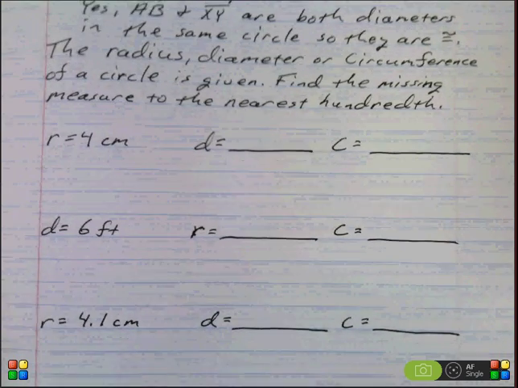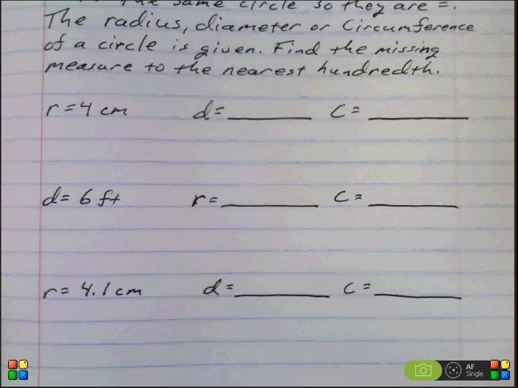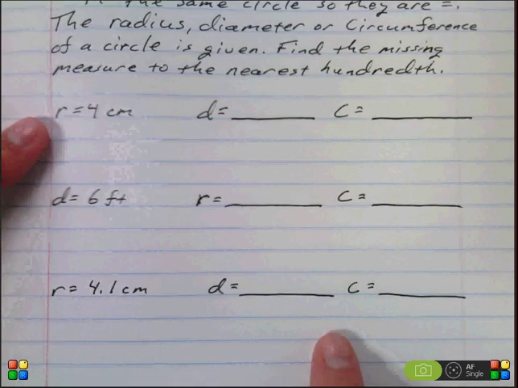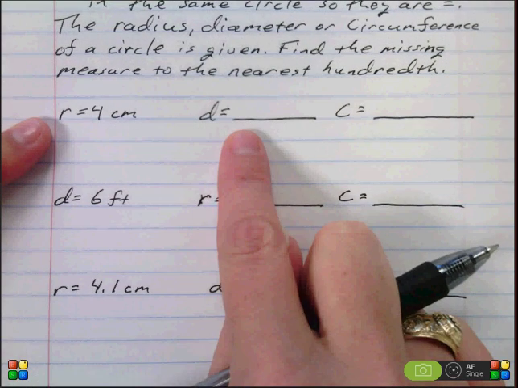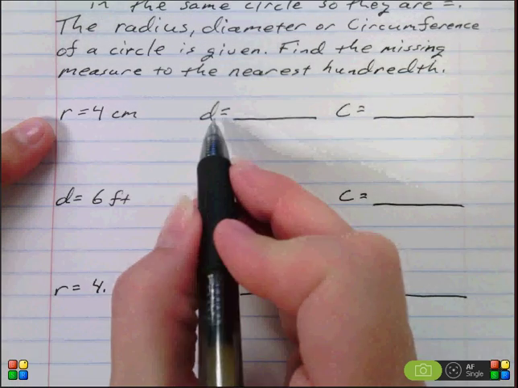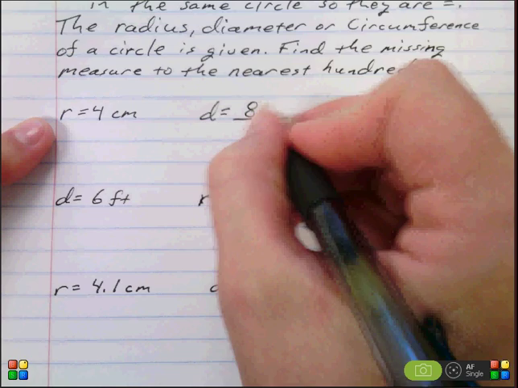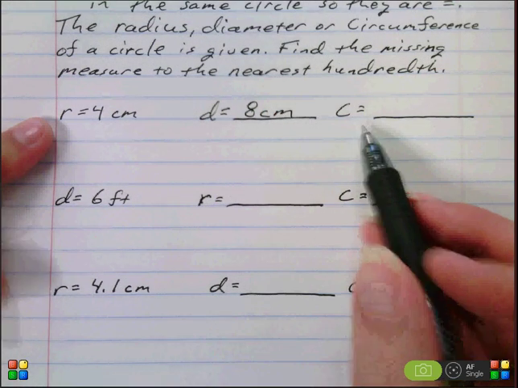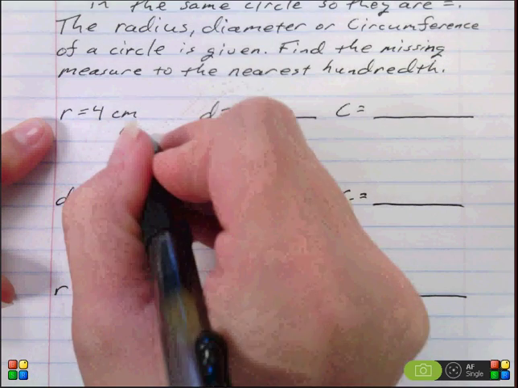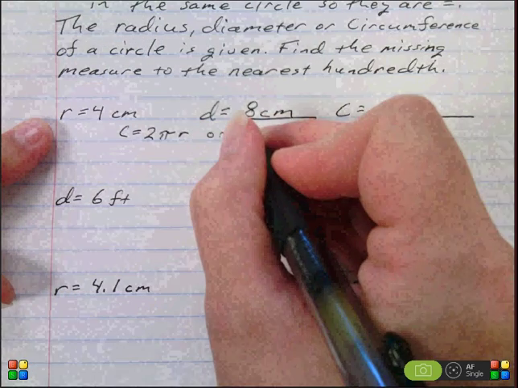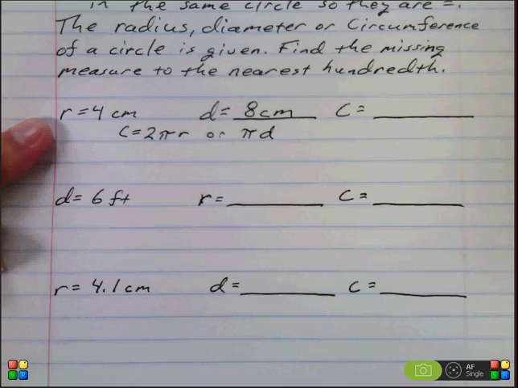Okay, so now we have the radius, diameter, or circumference of a circle given. You're going to find the missing measure to the nearest tenth. So if we know that a radius is 4, what would the diameter be? Well, the diameter is twice as long. There's 2 radii in every diameter, so it's going to be 8 centimeters. Now, how do I find circumference? If you remember, I can either use circumference equals 2 pi r, or I can use pi times diameter.